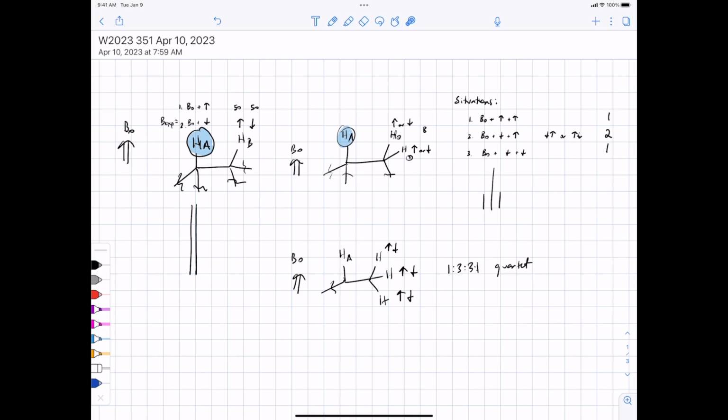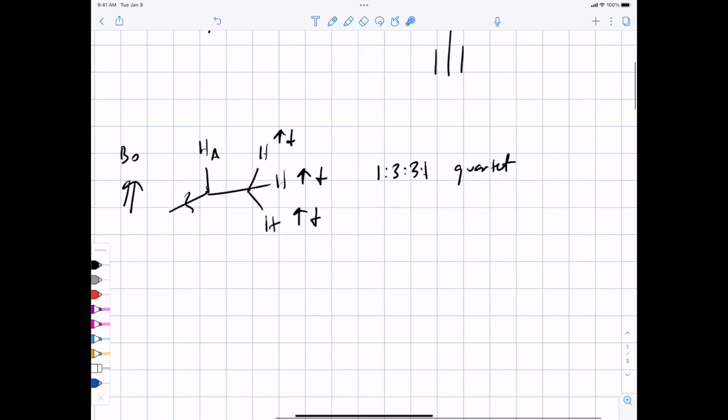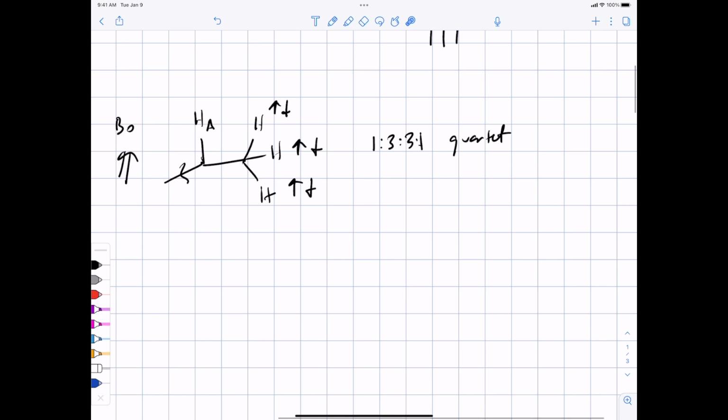Is there a situation where, say, one of the protons goes with the magnetic field and 2 go against? Sure. So for example, in the situation where you're adjacent to 3 protons, you actually have 4 different situations: 1, 2, 3, and 4.